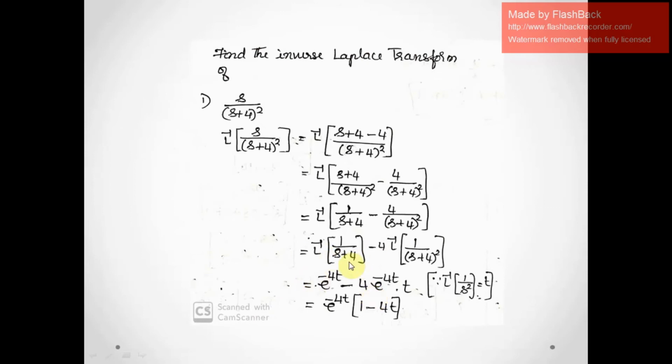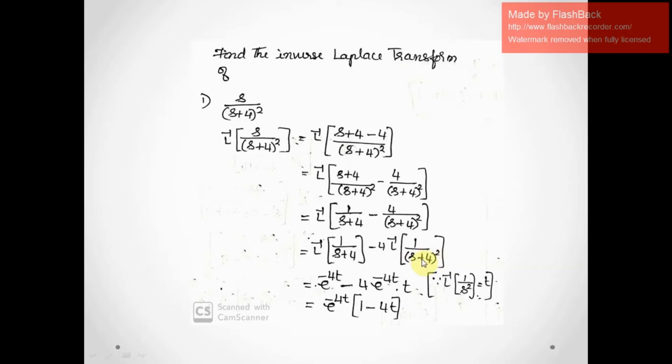So this is clear for us. This is of the form 1 by s plus k, so it is e power minus 4t. Minus 4 is already out. Now, clearly look at this term. 1 by s plus 4 whole square is of the form 1 by s square except for this plus 4.